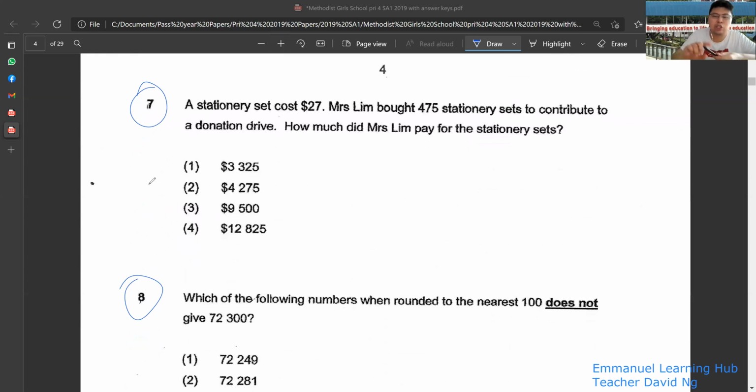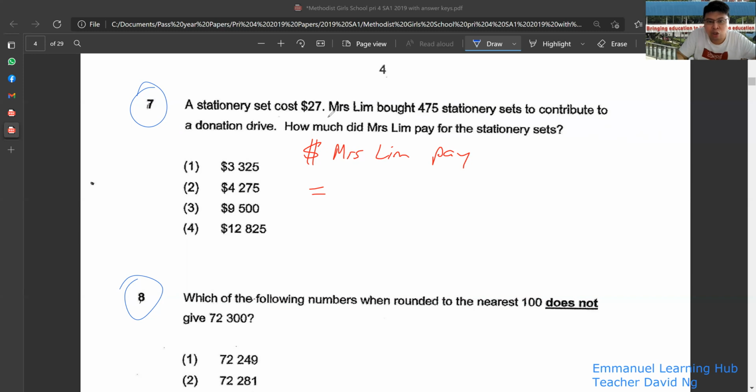Question 7. A stationery set costs $27. Mrs. Lim bought 475 stationery sets to contribute to a donation drive. How much did Mrs. Lim pay for the stationery sets? What must you do to find it?